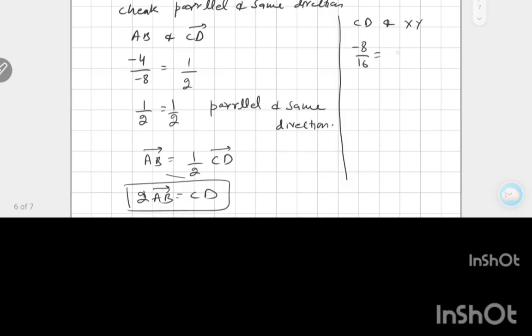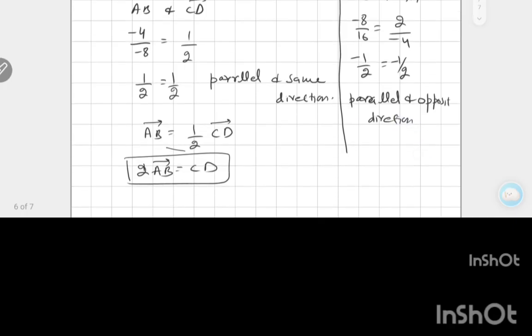This is 2 and there is minus 4, so minus 1 by 2, also minus 1 by 2. So here we write it: parallel and opposite directions. Okay, dear student, hopefully you can understand this one.